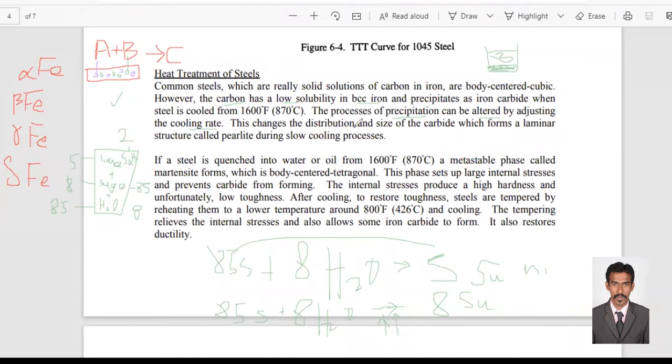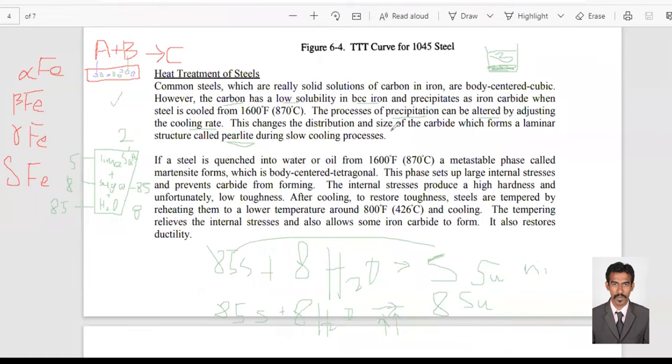This changes the distribution and size of the carbide, which forms a laminar structure called pearlite during the slow cooling process. So do not wonder about the word pearlite. That's a structure that we will study when we go down these slides, right? So when you are heating, if the percentage is increasing, it means either the amount of mixing sugar should be increased, or the size should be increased, right?